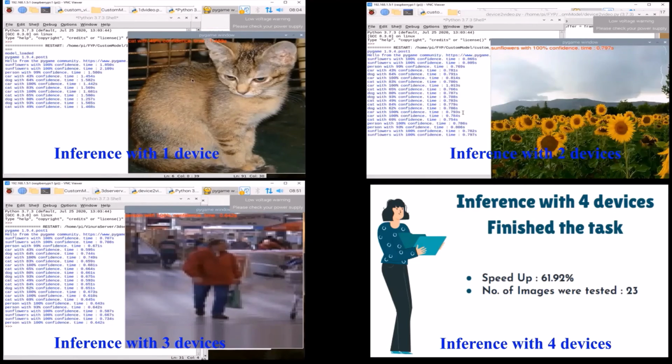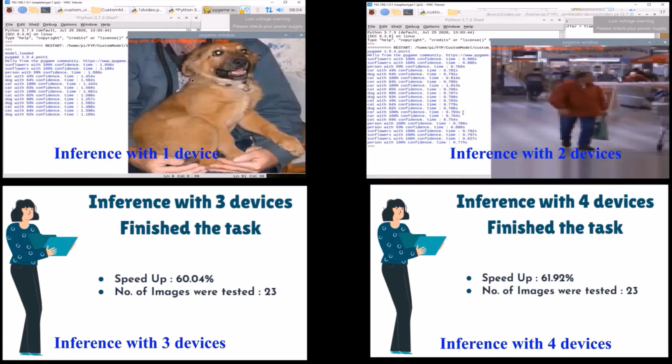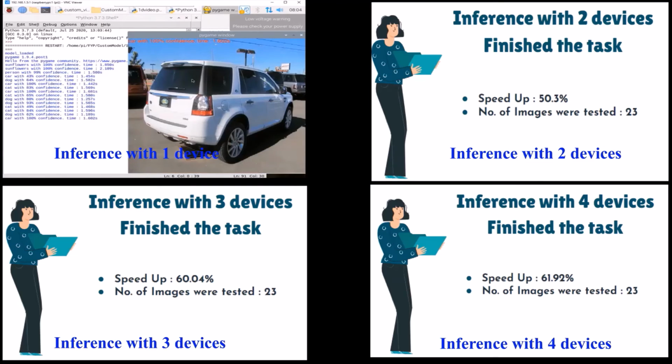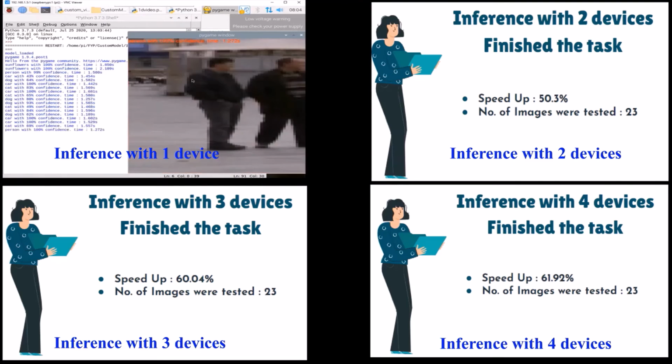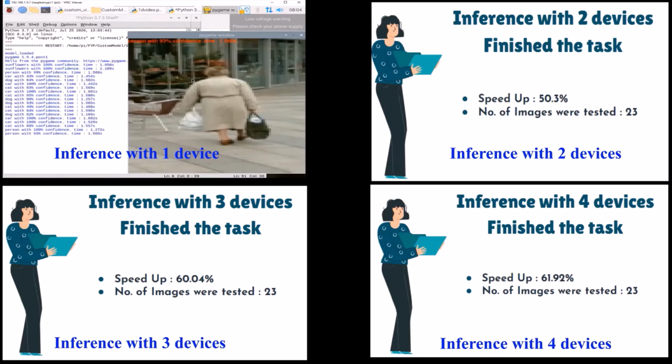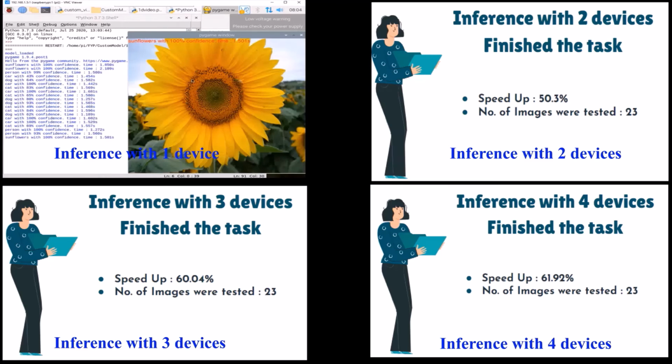So the inference with 4 devices finished the task first, then inference with 3 devices and 2 devices finished the task accordingly. As you can see here, inference with 1 device is still doing the task.